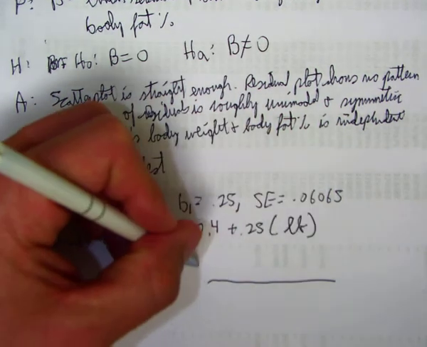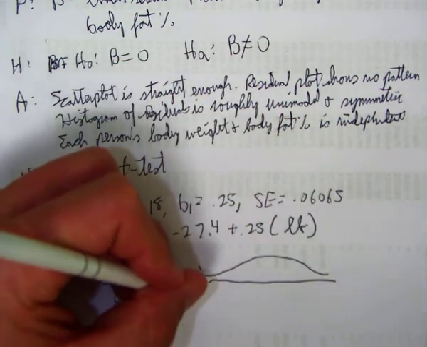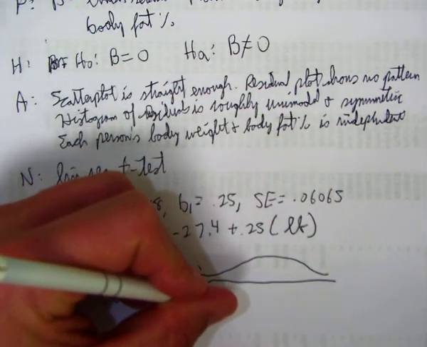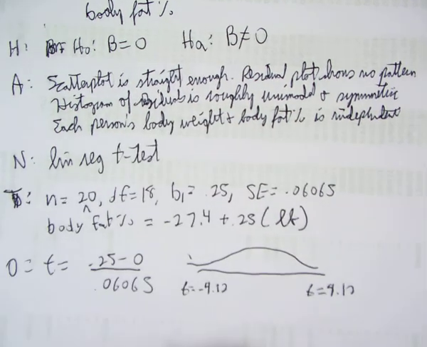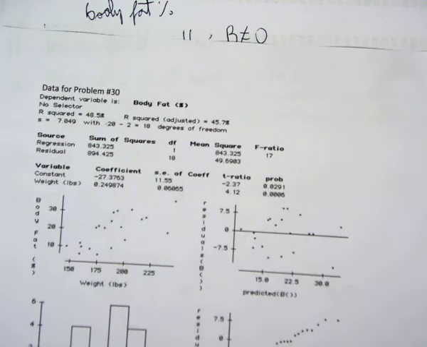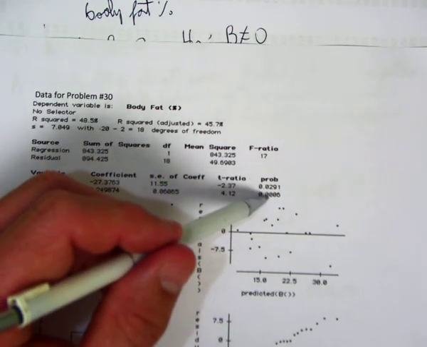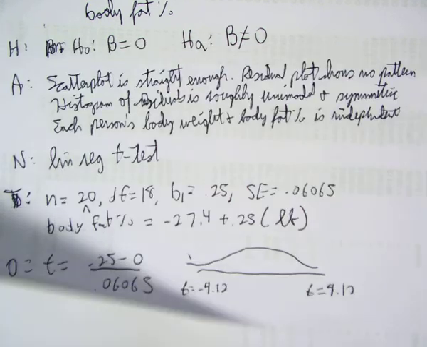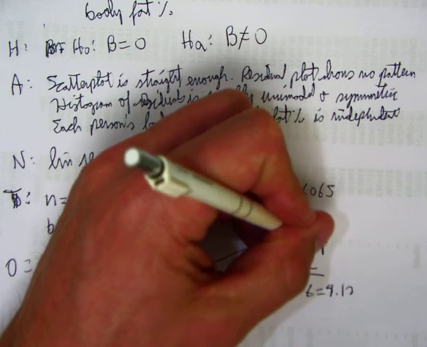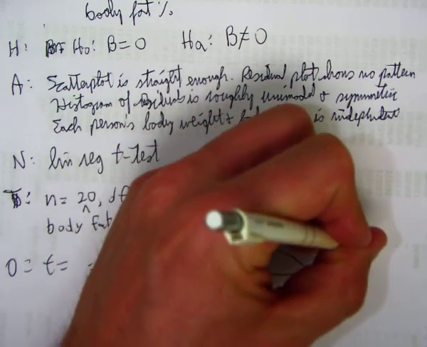Now this one's going to be a little bit different because it's a two-tailed test. Our p-value is 0.0006, right here, but since it's a two-tailed test, we have to double that 0.0006. So p is 0.0012.